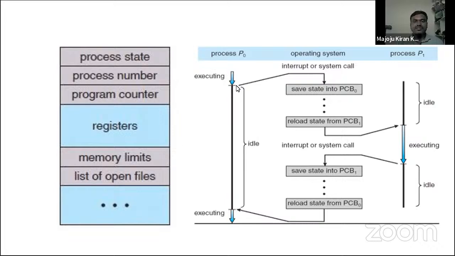So when the process is interrupted, immediately the process state must be saved into the PCB. That is, how many instructions of that particular process have been executed, up to where. That is the state. The state must be saved into the PCB so that when the process is resumed, it is resumed from that particular instruction. Saving the state is important so that when it is to be resumed again, it should not start from the beginning.